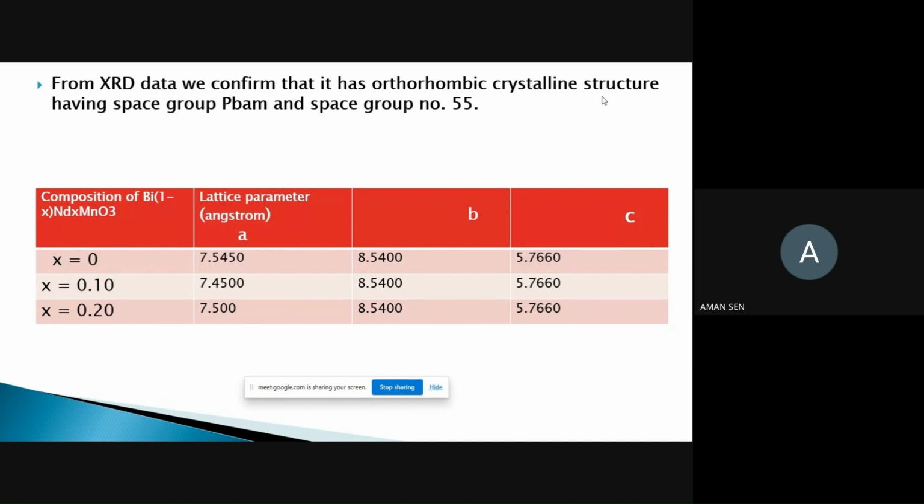This is due to the fact that Bi3+ has a 6s2 lone pair. Due to this lone pair, the local distortion of the lattice is weakened, due to which the lattice parameter is decreased.